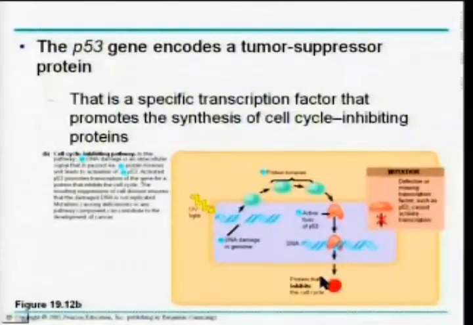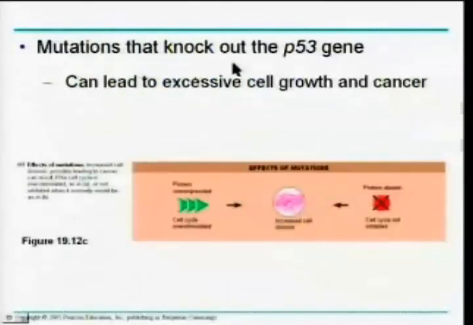So if a cell goes bad, one bad apple can spoil the batch, unless you get that bad apple out of the basket to begin with. So mutations that knock out the p53 gene can lead to excessive cell growth and cancer.